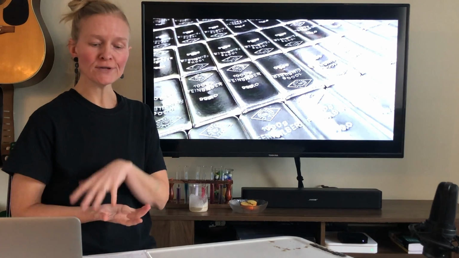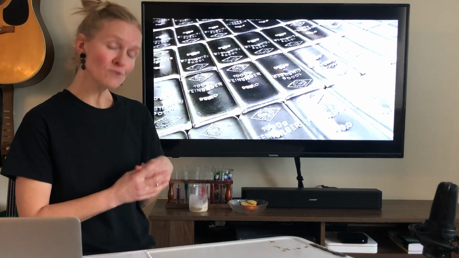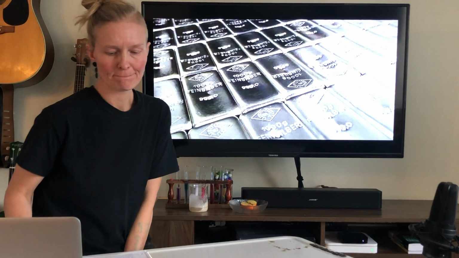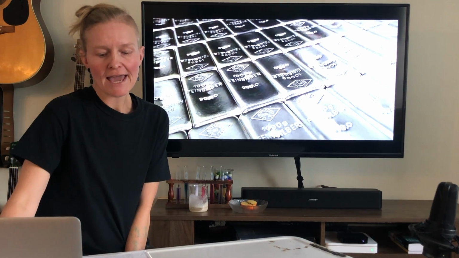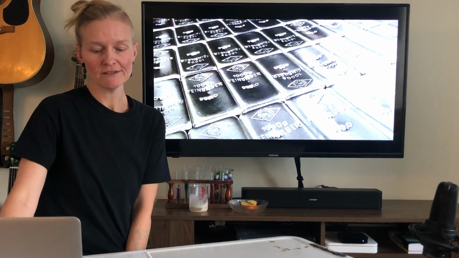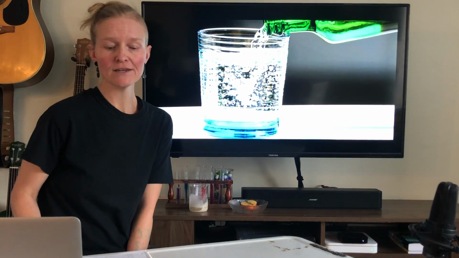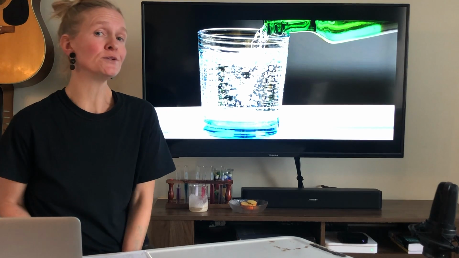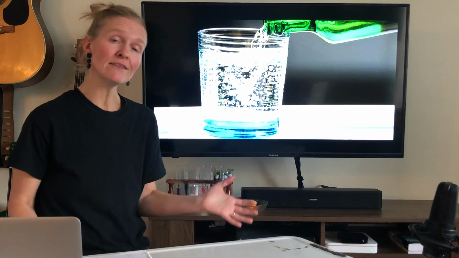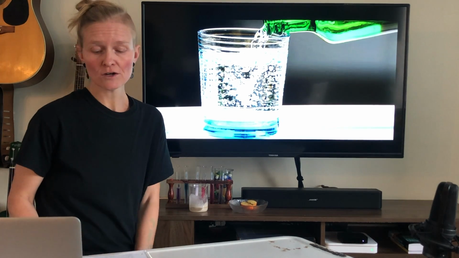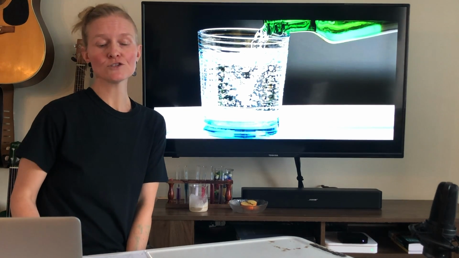So the copper is dissolved in the solvent, the silver, and the end product is sterling silver. A gas-to-liquid solution would be carbonated water. In carbonated water, the solvent is again the water, and the CO2, or the carbon dioxide, is the solute.